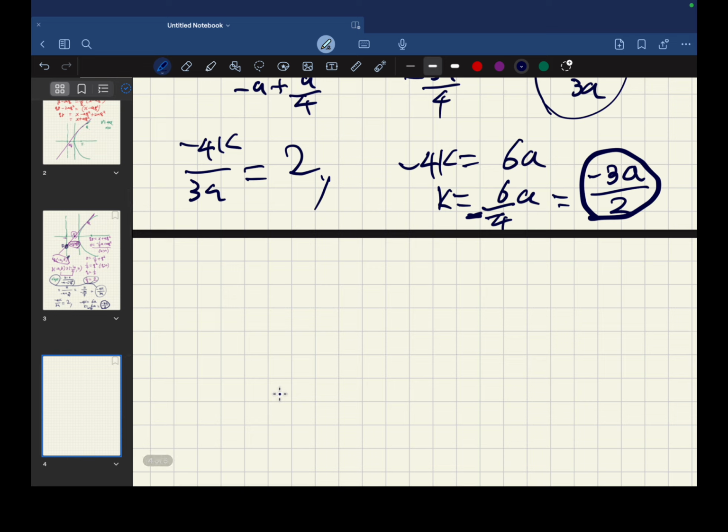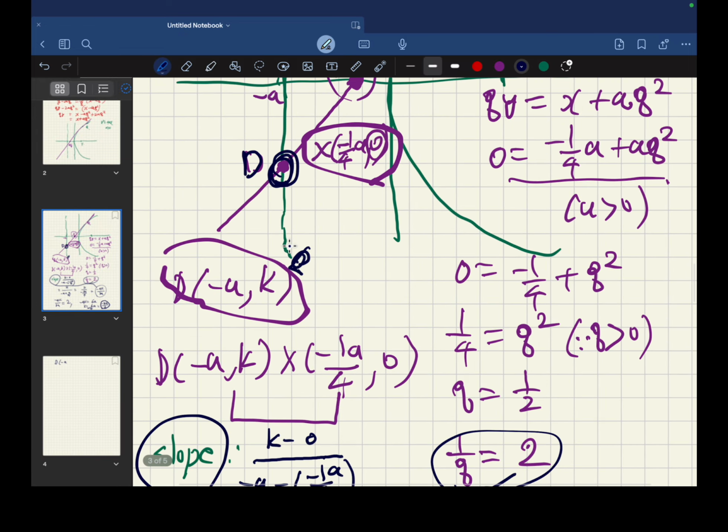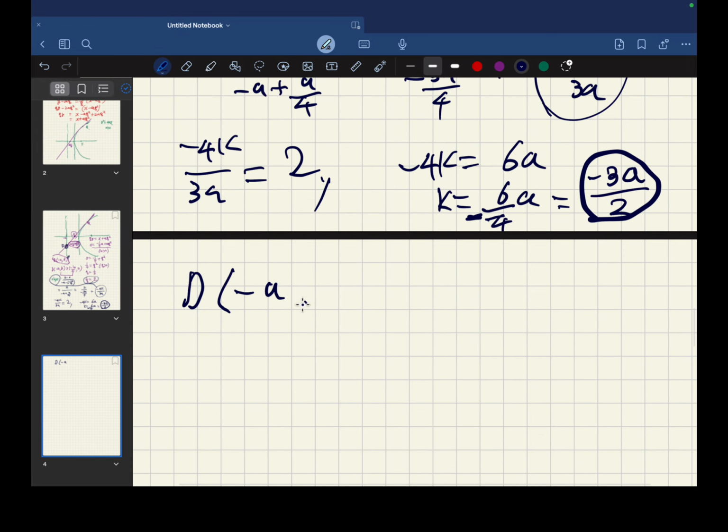So we found D is minus a comma minus 3a over 2. Okay, problem B is solved.